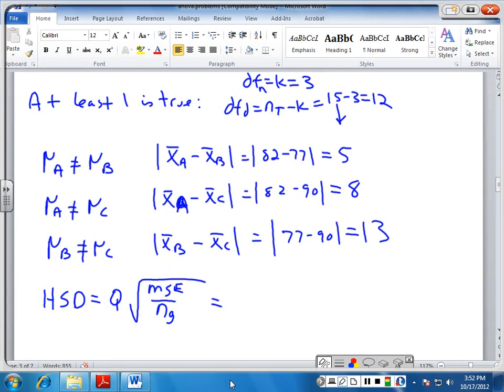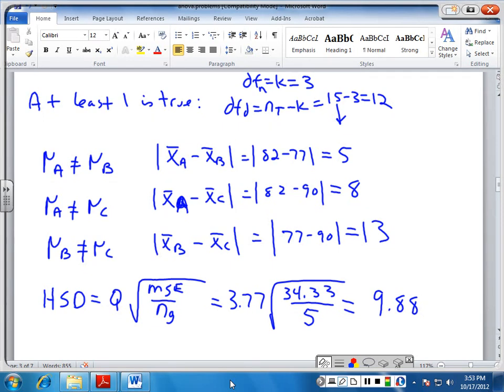So our Q value then is going to be 3.77. Make sure you're looking in the Q table and not the F table. And the MSE, which we had calculated a little while ago, was 34.33. And the group sample size was 5. When it all gets said and done, that is 9.88 approximately.